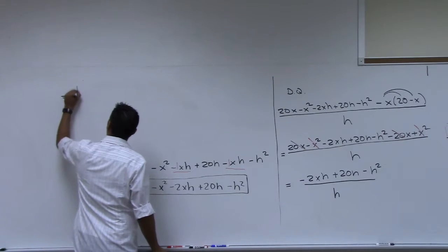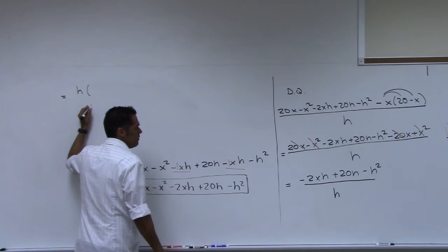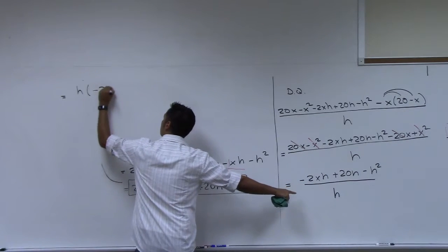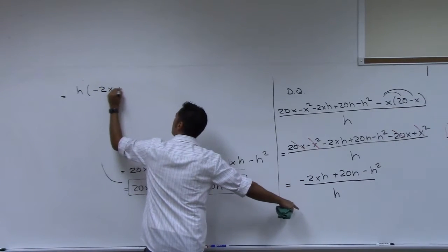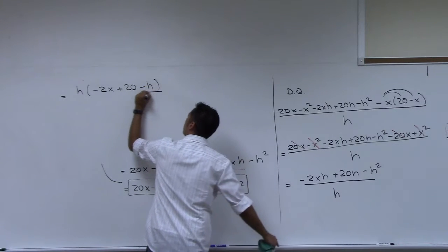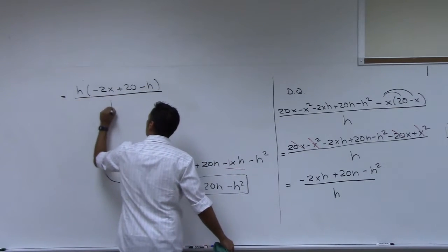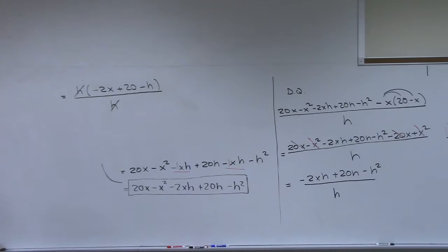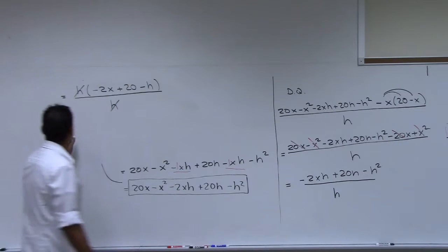So that's equal to h comes out. What will I have if I factor an h out of this? Minus 2x plus just 20 minus just h, right? Because you pulled one of the factors out. All over h. Now they can cancel out. And what's in parentheses is our final result.